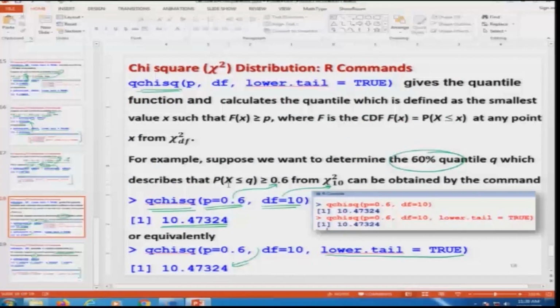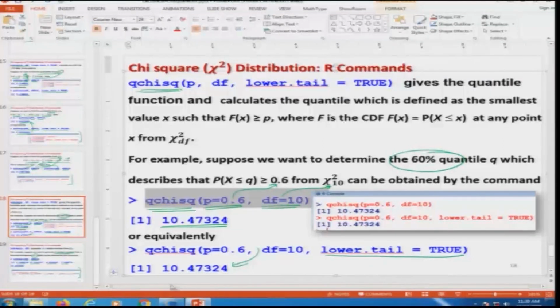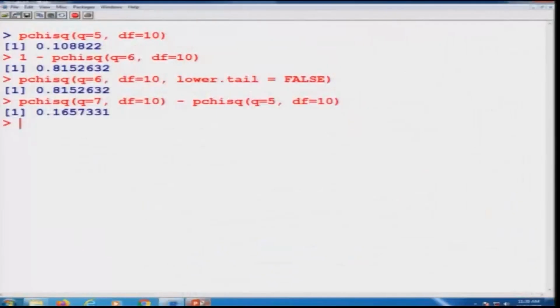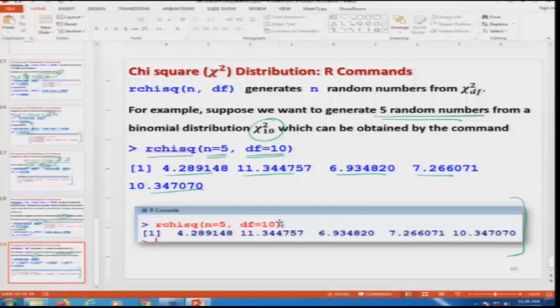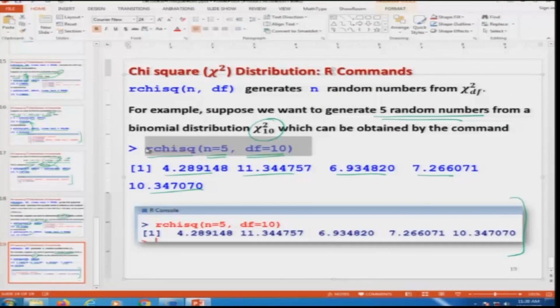And similarly, if you want to find the quantiles, you can find the 60% quantile here, 10.47324, and this is the same value that you had obtained earlier.